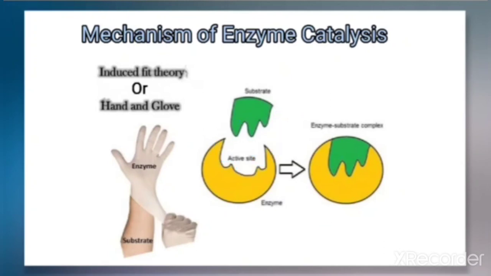This model says that the shape is not complementary, but it gets induced to become complementary, and that is called the induced fit theory. This results in the formation of the enzyme substrate complex, which breaks up into the product and the enzyme.